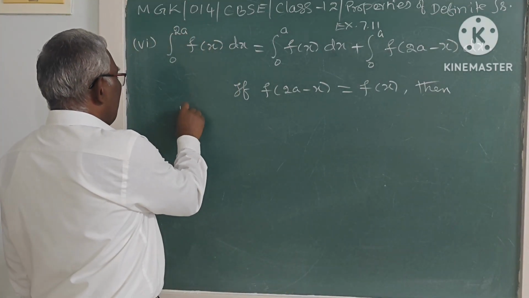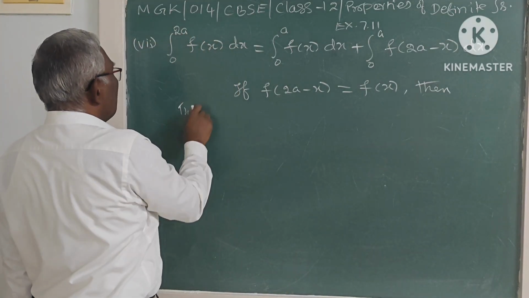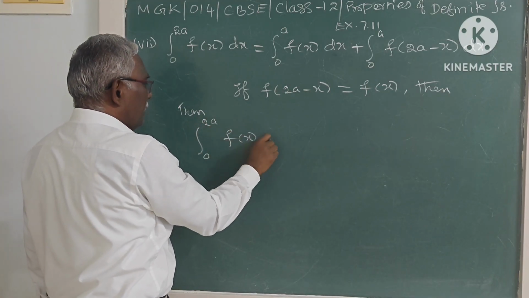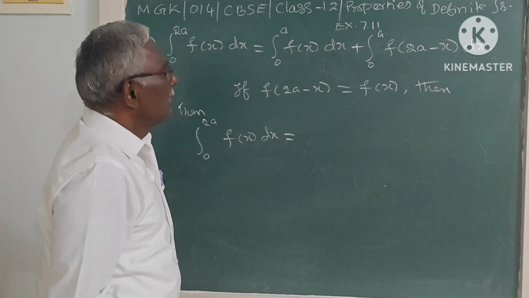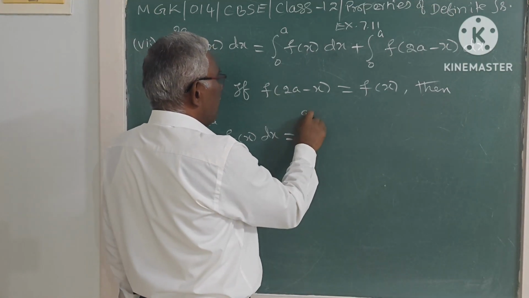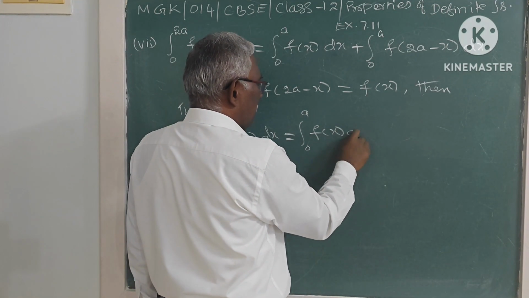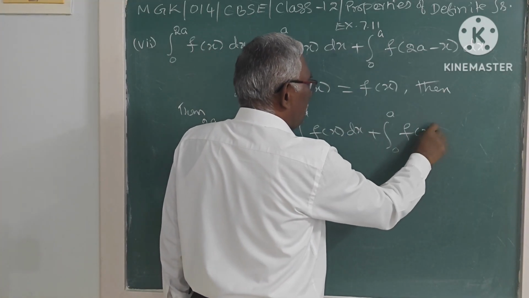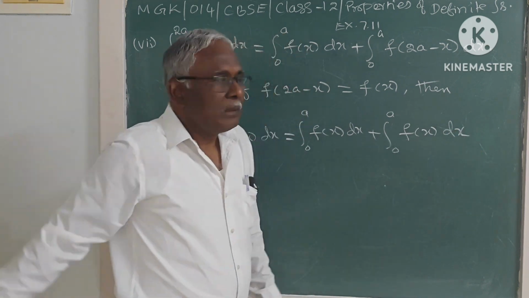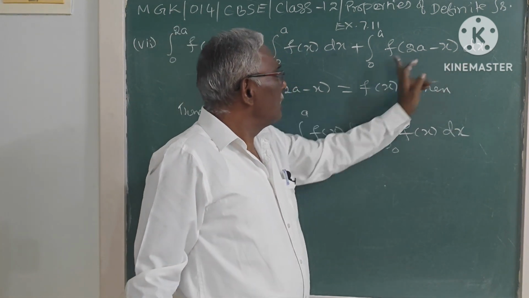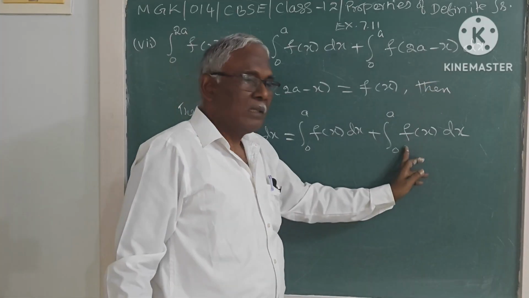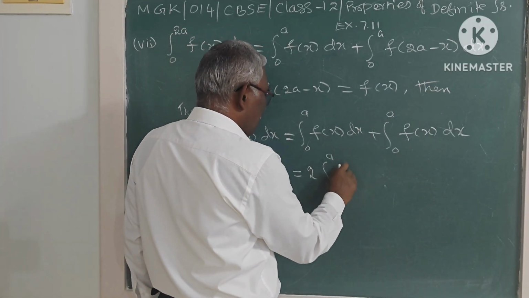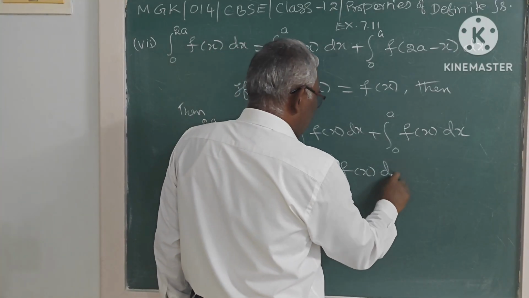Then integral 0 to 2a f of x dx becomes 0 to a f of x dx plus integral 0 to a f of x dx. That is, if f of 2a minus x is equal to f of x, we can write like this. So this will be 2 times integral 0 to a f of x dx.